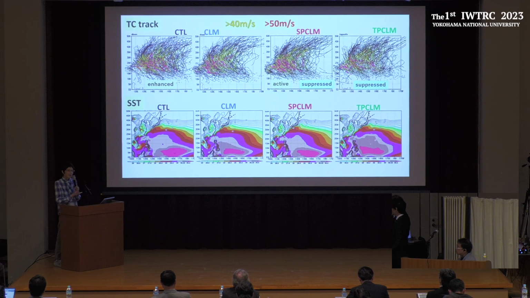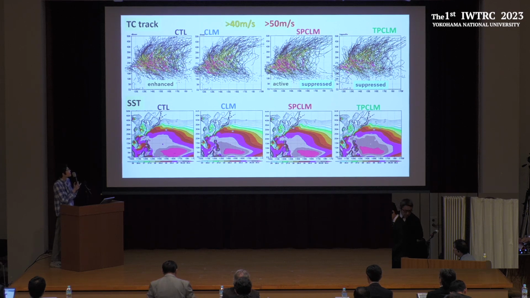Let us see the tropical cyclone tracks simulated in all the ensemble members for each case. We can see that in the control simulation, the enhanced typhoon activity, especially in the eastern part of the Western North Pacific basin, is relatively well simulated.